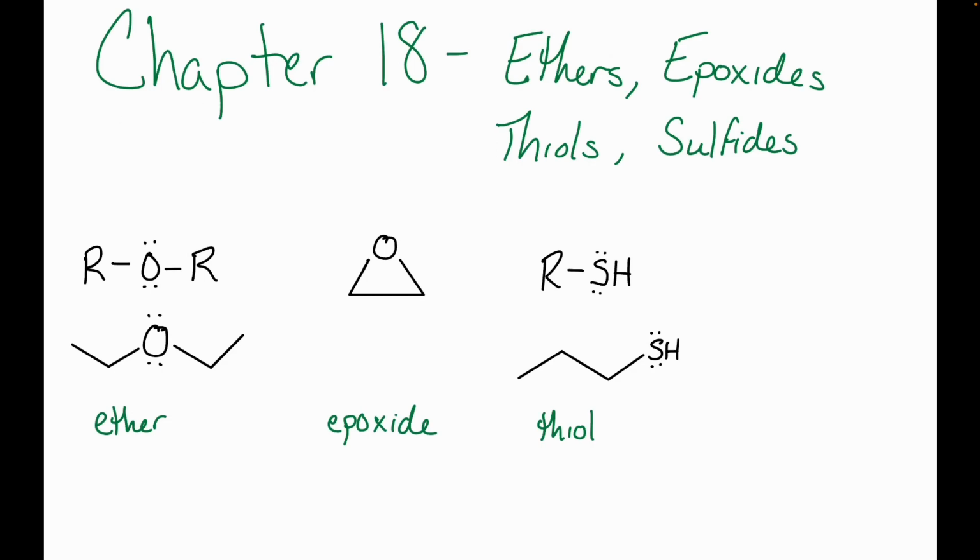And then a sulfide is sort of analogous to an ether, but using a sulfur. So RSR. We have the sulfur in the middle. So these are our four functional groups for this particular chapter.